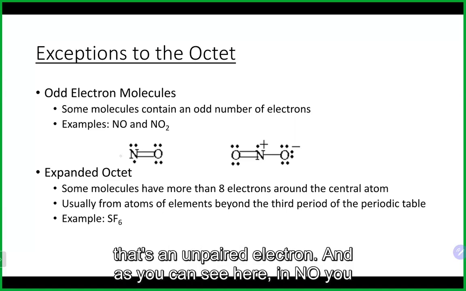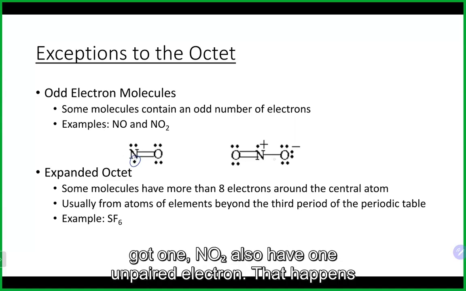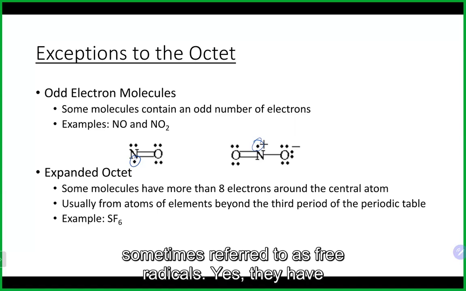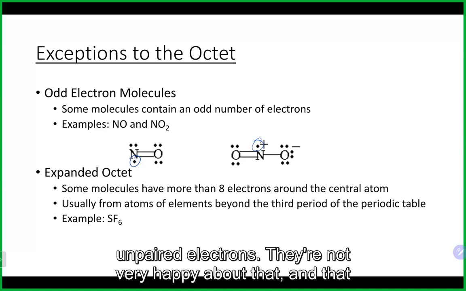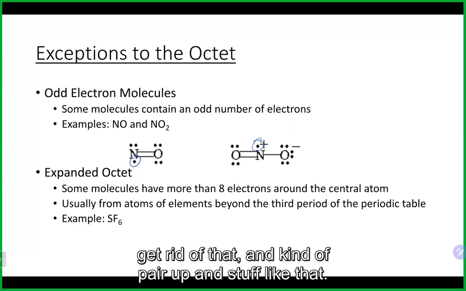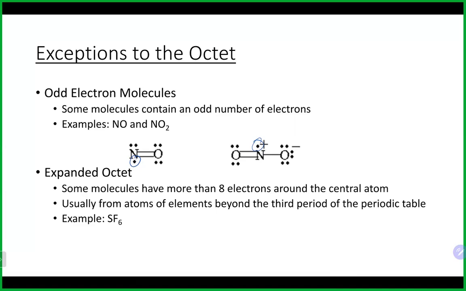As you can see here in NO, we have 1. NO2 also has 1 unpaired electron. That happens a lot in atmospheric chemistry with chlorine, sometimes referred to as free radicals. Yes, they have unpaired electrons. They're not very happy about that, and that makes them really reactive, trying to fix that situation, get rid of that and pair up.